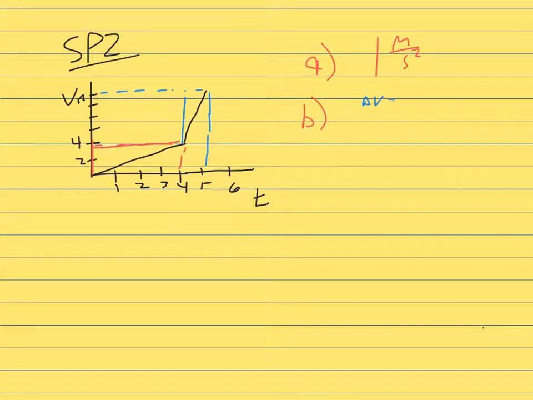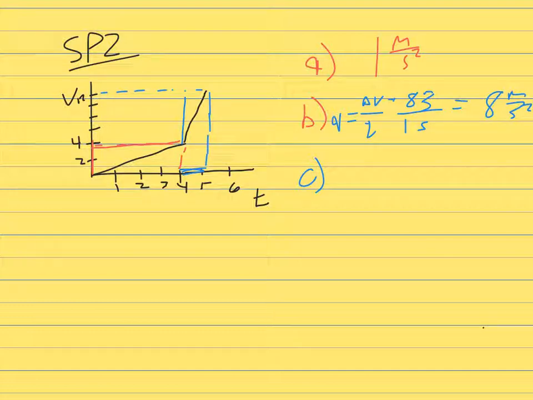Delta V is equal to 8 meters per second, and that's going to happen in a time of 1 second. So a change of 8 meters per second happening in 1 second means an acceleration of 8 meters per second squared.